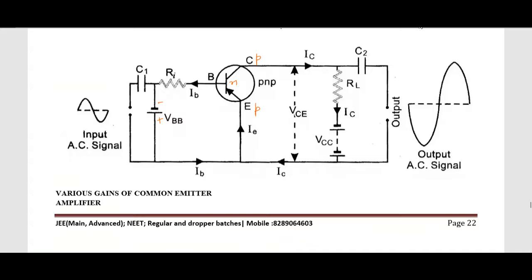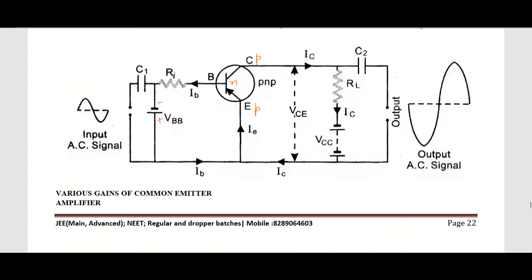Biasing is maintained in such a way that this emitter base junction is always forward biased. This issue I have dealt with in my previous lectures. Ri is input resistance, and RL, no sorry, there is no Ro, RL is the output resistance, and this is the battery.